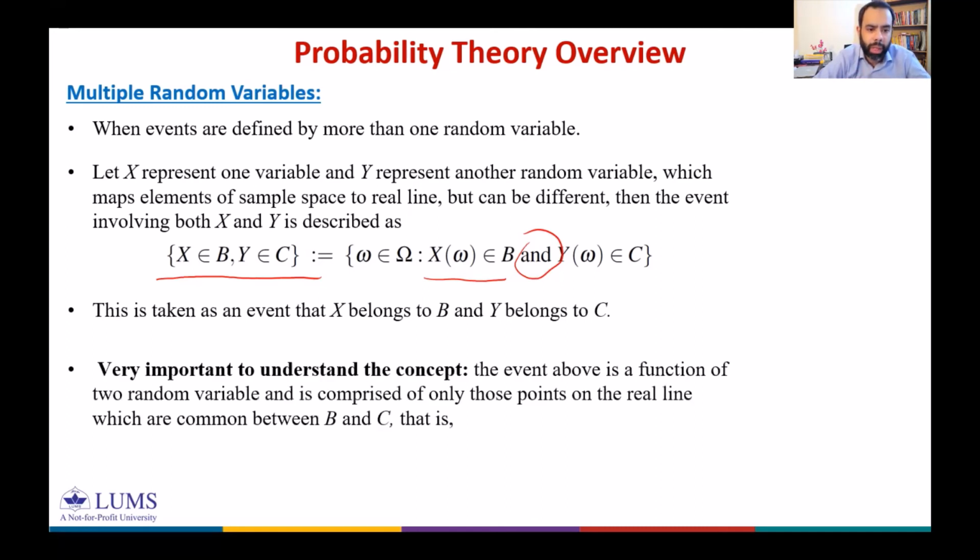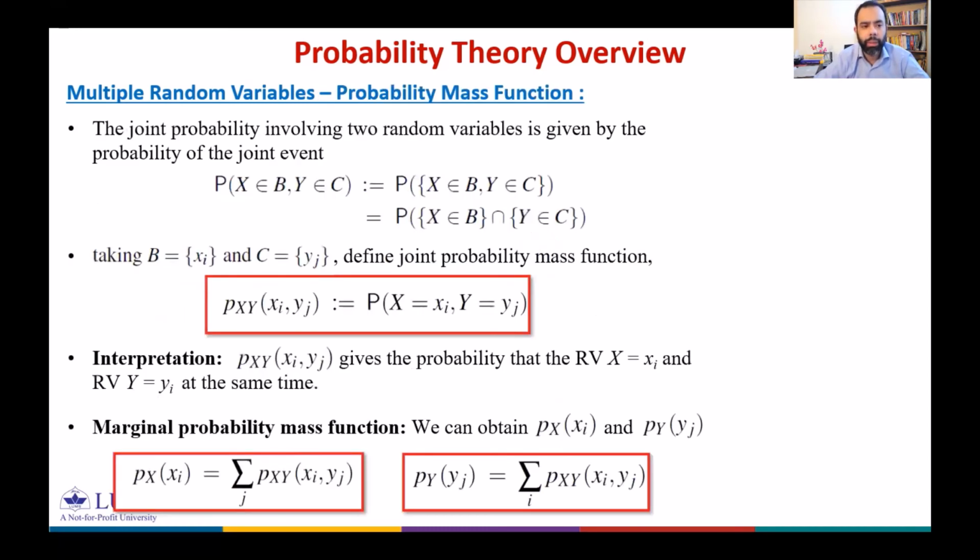This is a very, very important concept. This is a joint probability. Right? The event above is a function of two random variables, and it is comprised of only those points on the real line that are common between B and C. So x belongs to B and y belongs to C. It simply means x belongs to B intersection y belongs to C. So we can find the probability of such events by introducing the concept of joint probability.